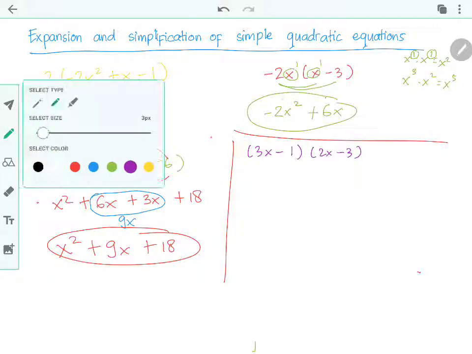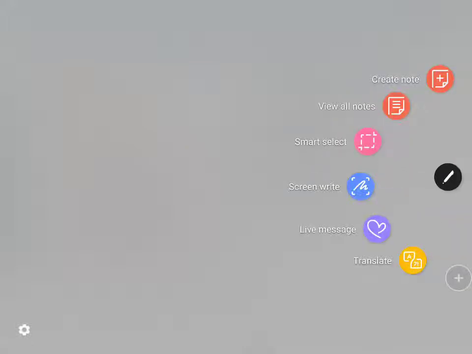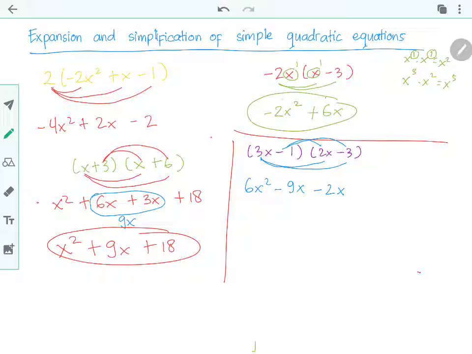Now the rainbow method: 3x times 2x equals 6x squared. Then 3x times minus 3 equals minus 9x. Now minus 1 times 2x equals minus 2x. Minus 1 times minus 3 equals plus 3.